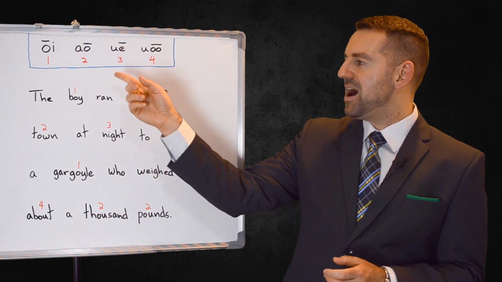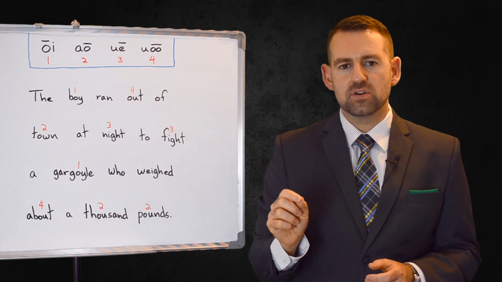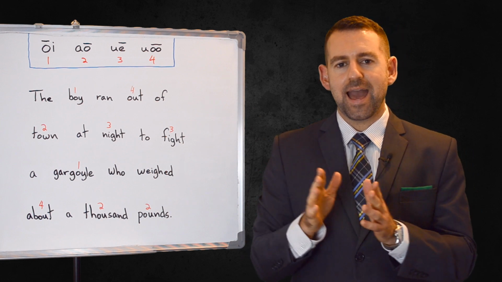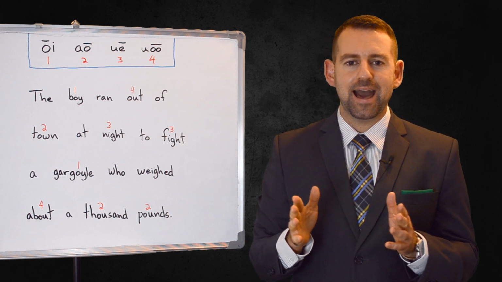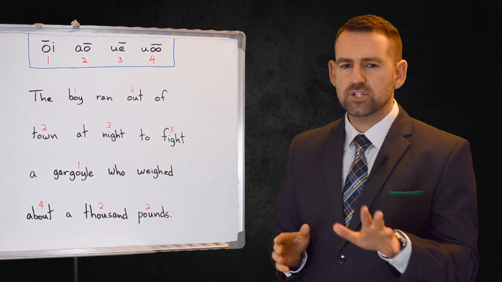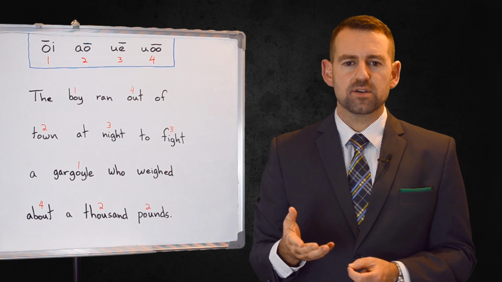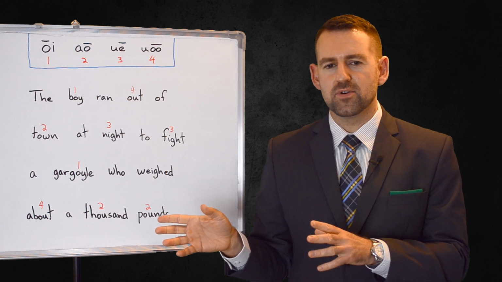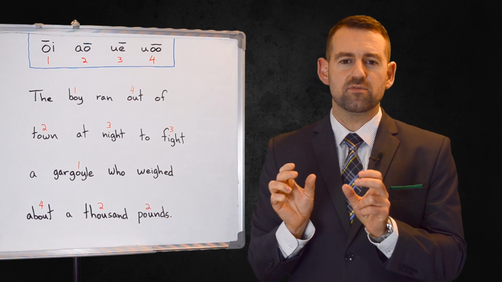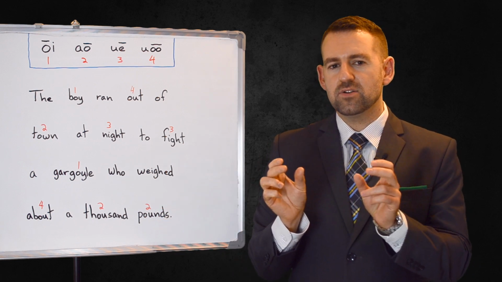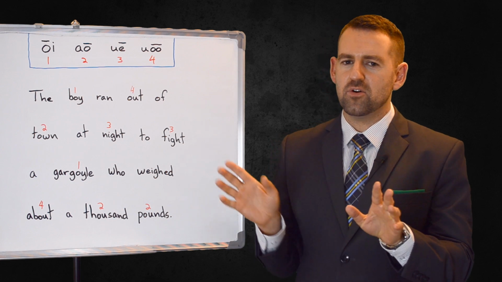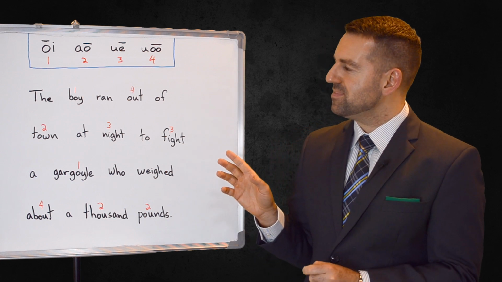And ow, a and o: ow. Right, now these should be fairly easy for you to make because I've already taught you all the individual vowel sounds. So now you just need to put them together. So I hope this is easy for you.